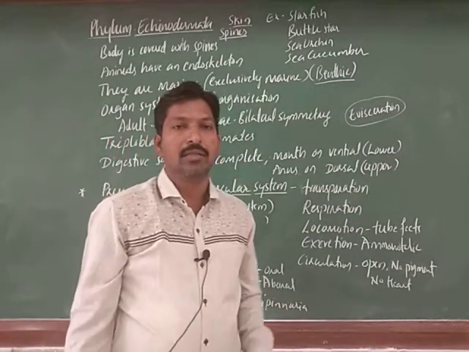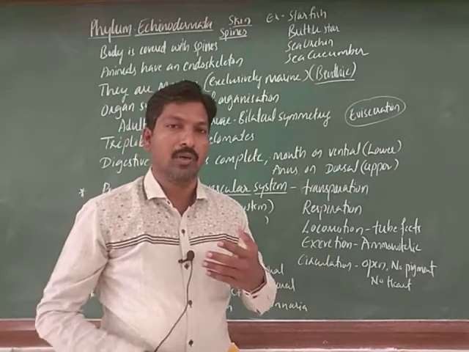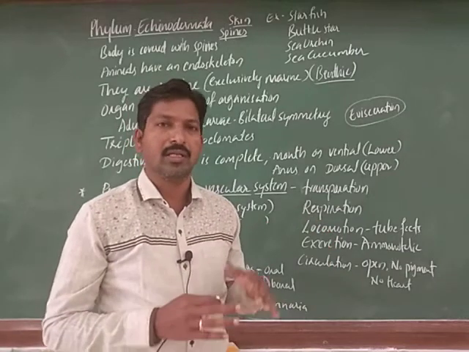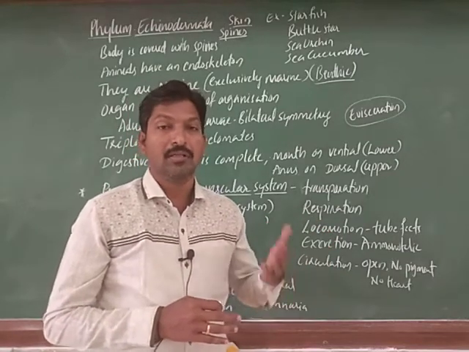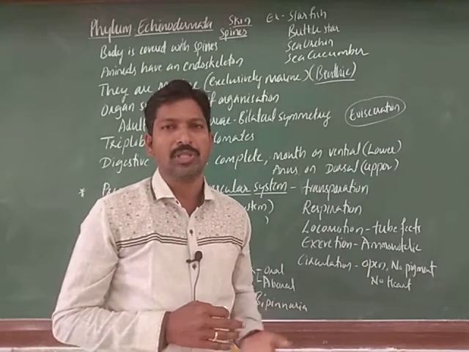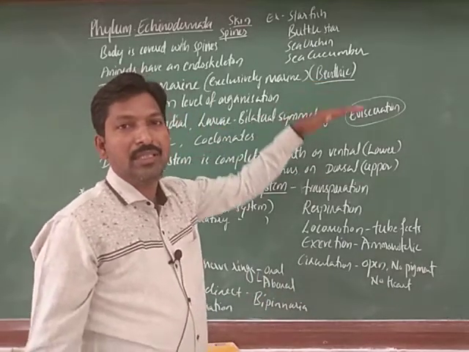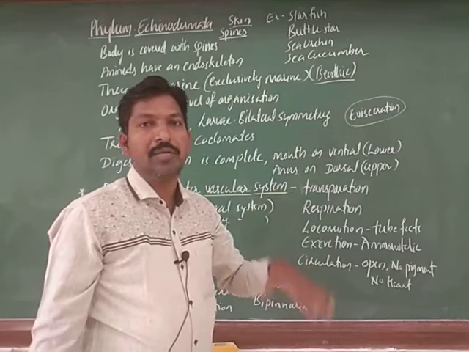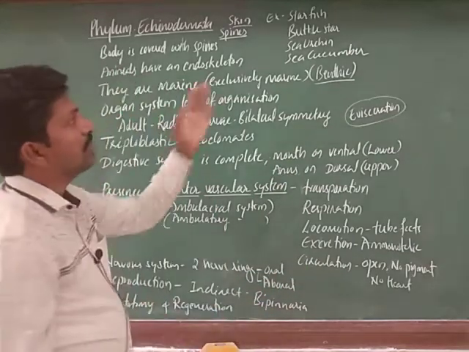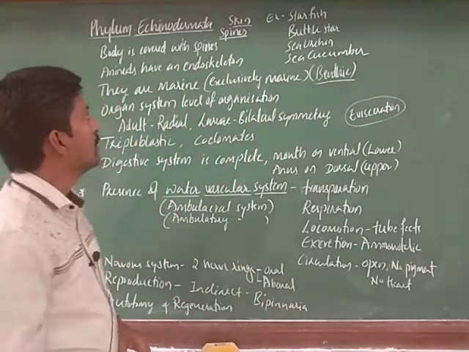Benthic means they are found at the bottom of the ocean or that habitat, either a lake or whatever, but at the bottom of that water body. Benthic forms are found in the deep level. So usually starfish, brittle star, sea urchin and sea cucumber are considered here as examples.